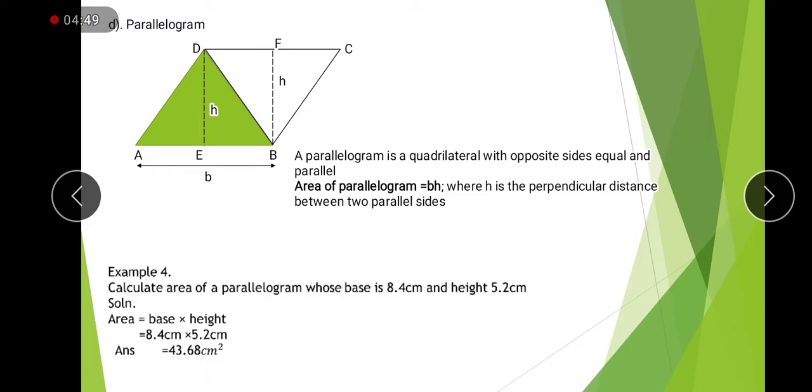Example: calculate the area of a parallelogram whose base is 8.4 centimeter and height is 5.2 centimeter. Solution: area is equal to base multiplied by height. Now you'll have 8.4 centimeter multiplied by 5.2 centimeter. You'll find that the answer will be 43.68 square centimeter.